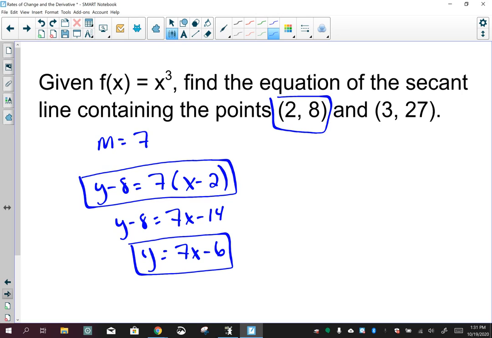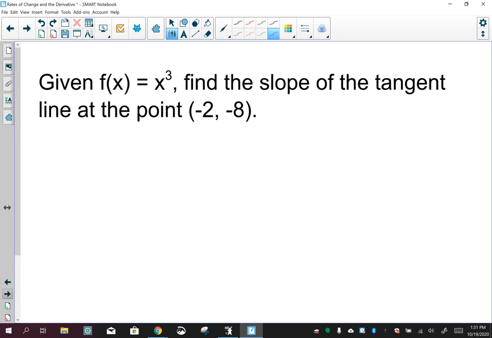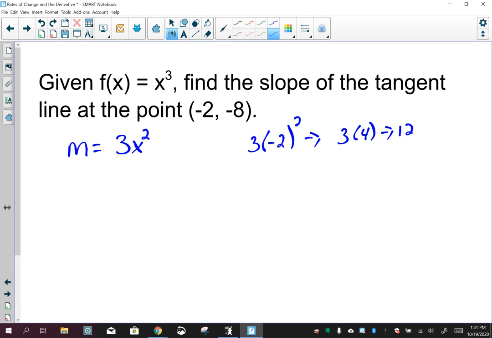Now let's go to your tangent here. If you did everything correctly, your slope formula should be 3x squared, which means when I plug in my negative 2, I get 3 times negative 2 squared. That generates 3 times 4, so that generates a 12.